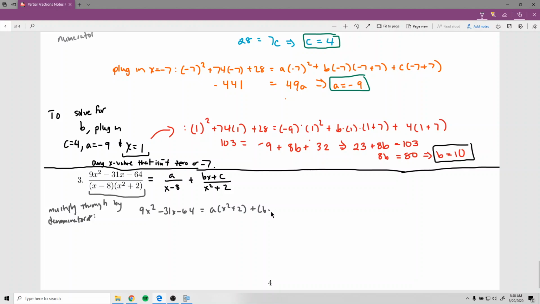Plus, and then this is a Bx plus C, so I'm going to write parentheses around it to make sure we distribute what we're multiplying, or visually distribute at least. And then when we multiply through by the denominator, the x squared plus 2 and x squared plus 2 cancel, we have just x minus 8.